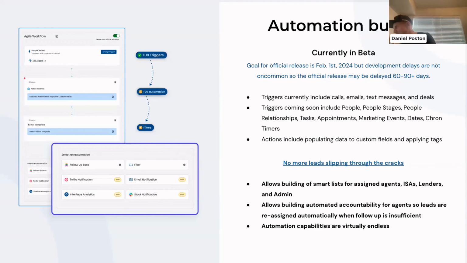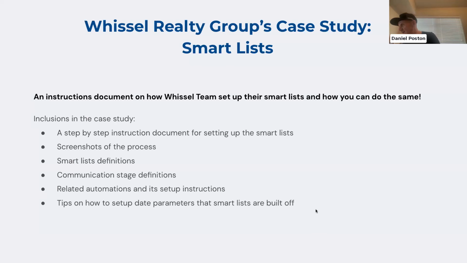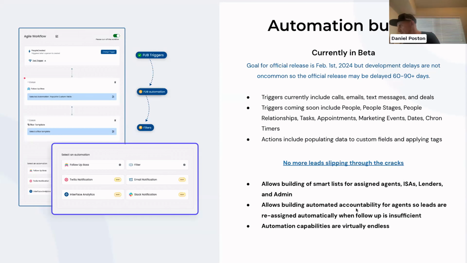We also can do automated lead reassignment. So if a new lead comes in and your agent doesn't reach out to them, we can use our system to automatically reassign that agent back to a pond or back to another agent.